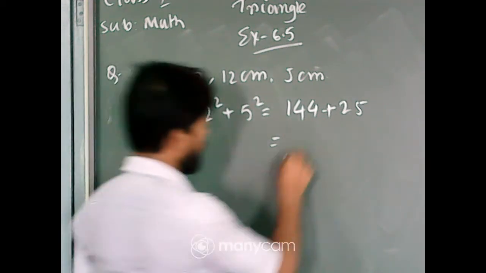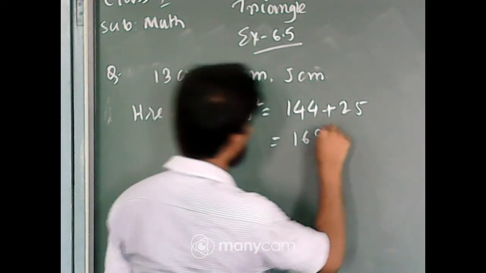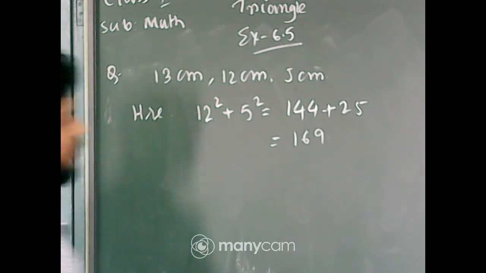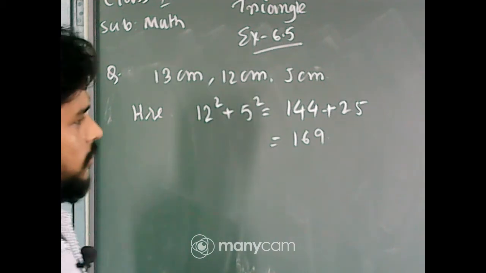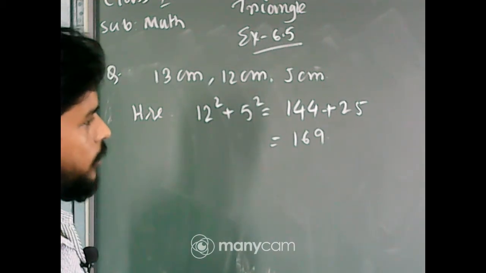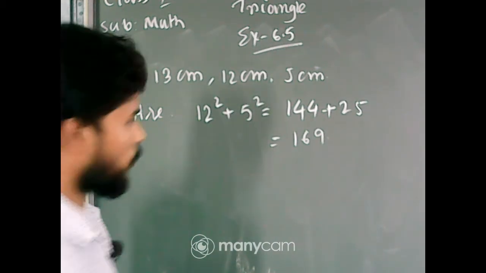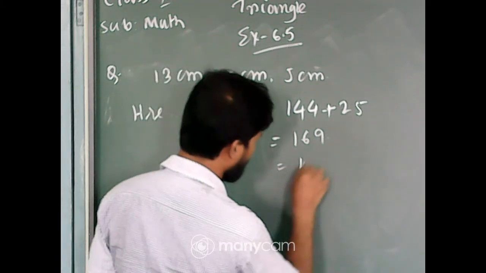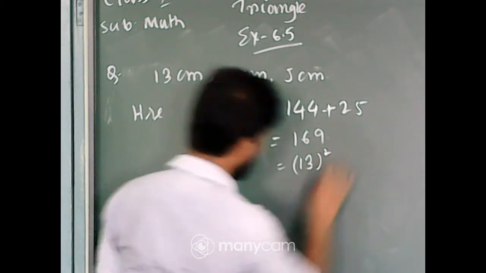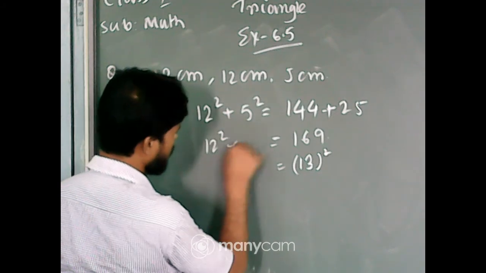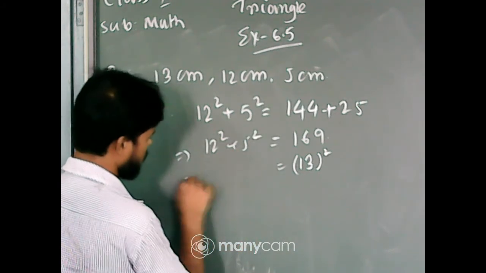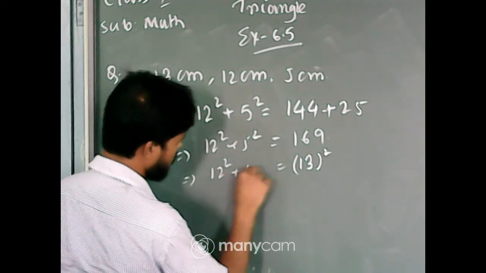Yes, 169. Now what is the square of 13? Yes, 169. So this is equal to 13 square. So, 12 square plus 5 square equals 13 square.